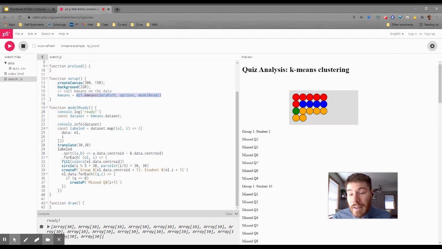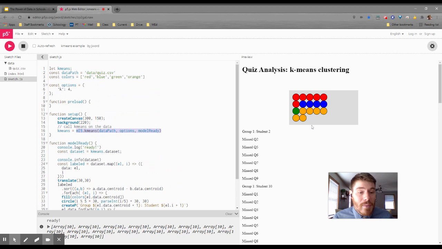A lot of the code that I have here is really just about the little picture that I'm drawing. The K-means algorithm by itself is very useful, and the ML5 library makes it pretty easy for somebody with some programming experience to use an algorithm like that, and to also use many other artificial intelligence algorithms like neural networks that are very powerful at making predictions.